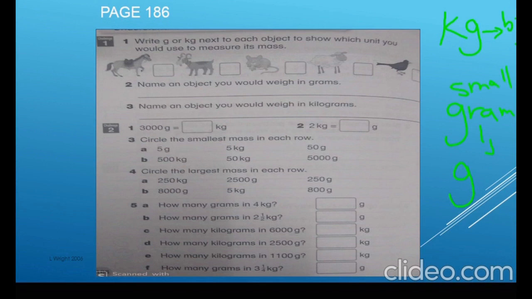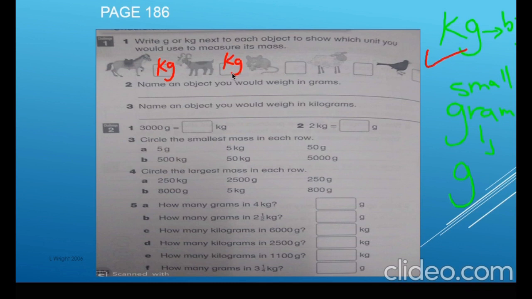Let's see the pictures. The first one, we have a horse. What do you think? Can a horse be measured by kilogram or gram? Ask yourself, can you carry a horse? I think no. So it will be so heavy for you. So I will use kilogram. A goat, I think for you also would be so heavy, so I will use kilogram.